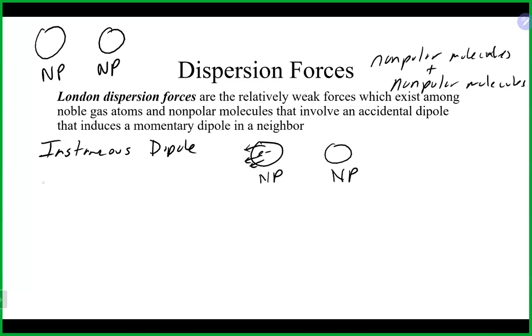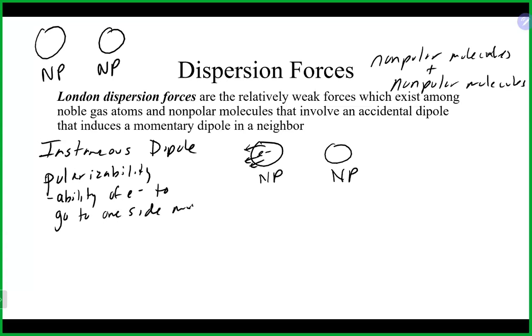That is what is known as polarizability: the ability of electrons to go to one side of the molecule over the other and cause a temporary charge in that nonpolar molecule.